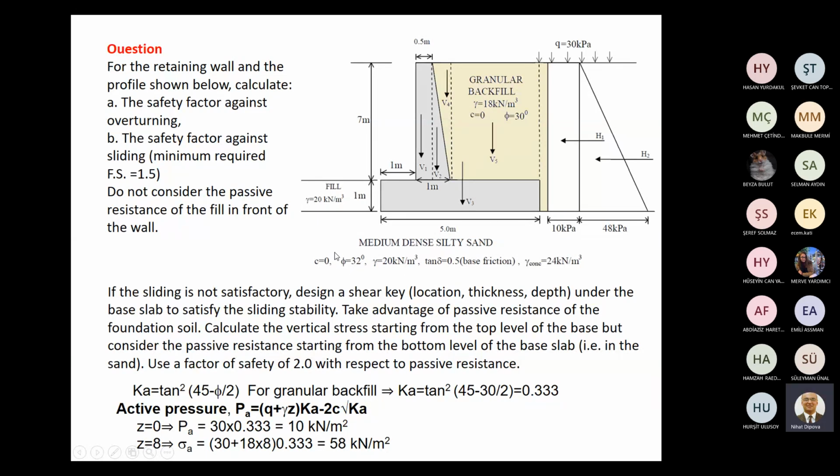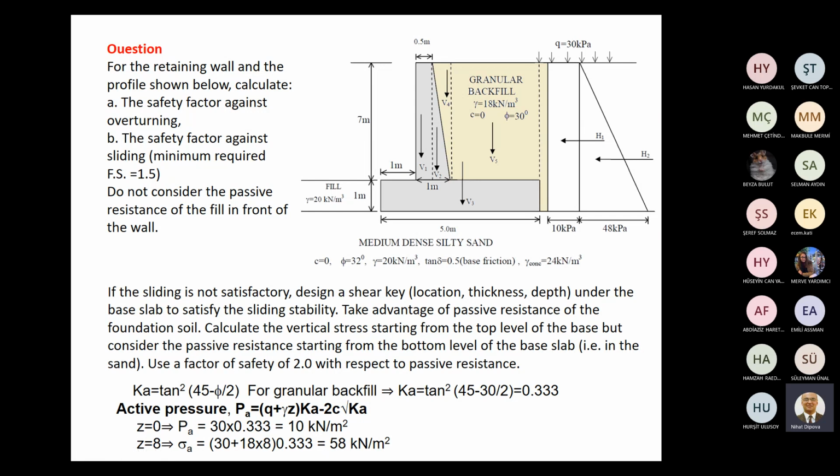And soil properties are given: cohesionless soil, C is 0, internal friction angle of soil, and unit weight is given. Friction angle along this base, I mean along this interface between concrete and soil, is also given. Tangent of this friction angle is 0.5, and unit weight of concrete is also given.